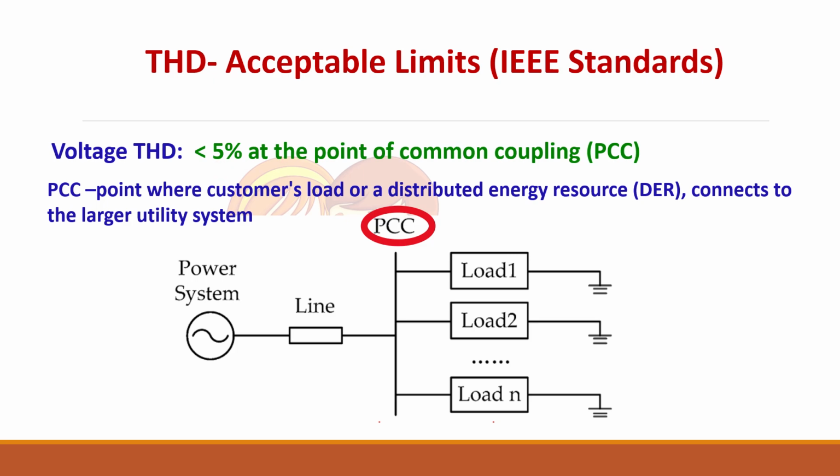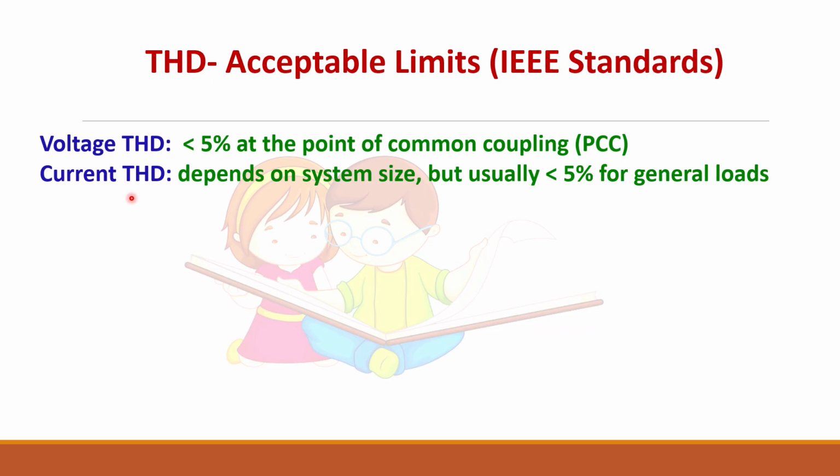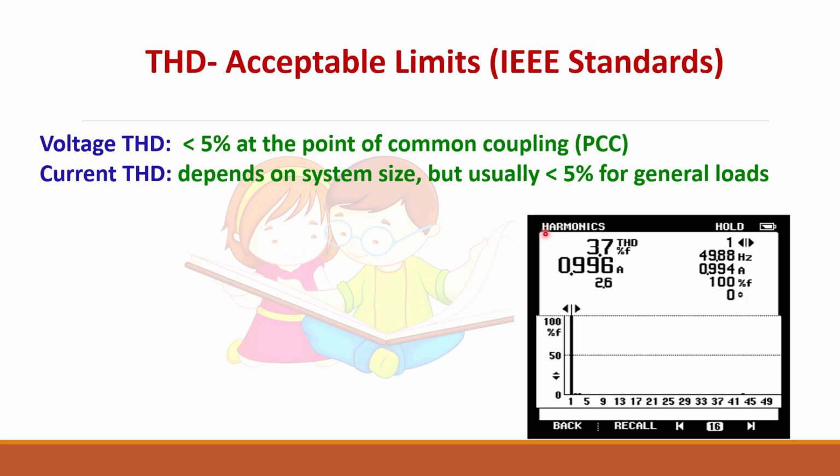In case of current THD, it depends upon the system size. In most cases it should be less than 5%, but there is no specifically defined limit for the current THD. This is a graph taken from the power quality analyzer for a current waveform. You can see here 0.996, which indicates that it has measured the current magnitude as around 1 amp.